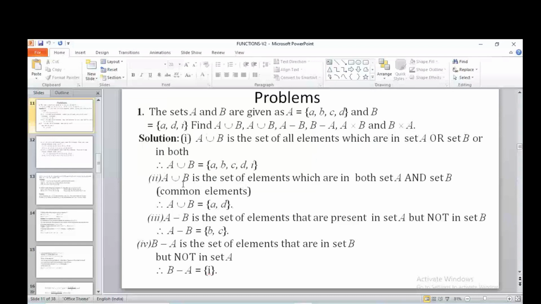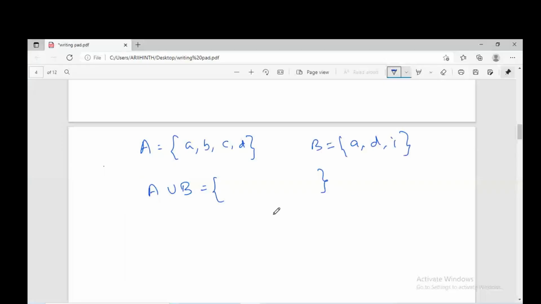A union B is the set of elements which are in set A or set B. So here A union B means we have to combine everything.